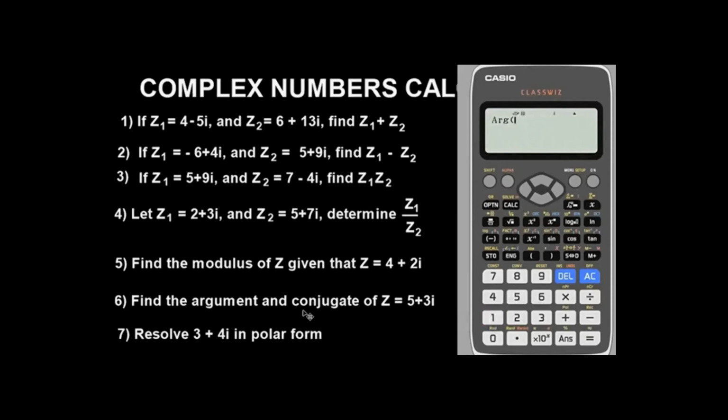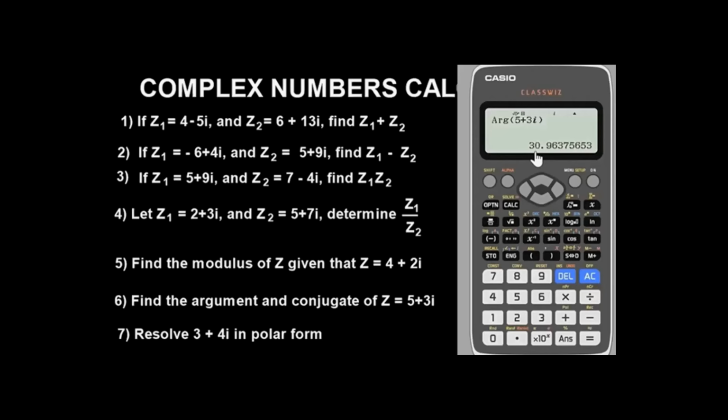So argument of what? Argument of 5 plus 3i. 5 plus what? 3i. Close the brackets. Then press equal to and see the answer. So the argument is what? 30.96. So if I approximate, we have 31 degrees. So that's the argument of this complex number.